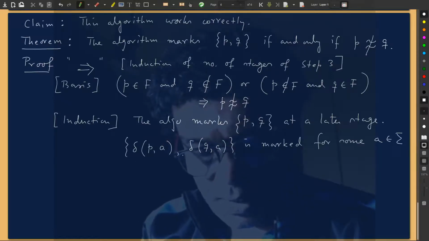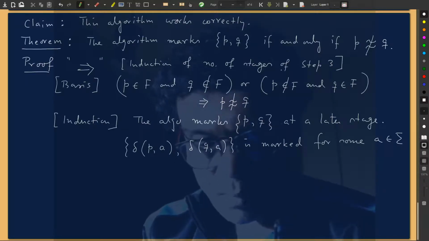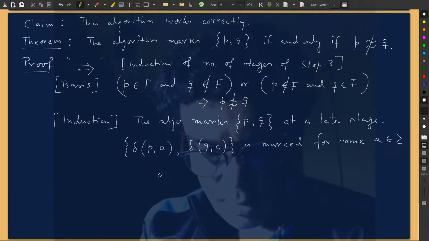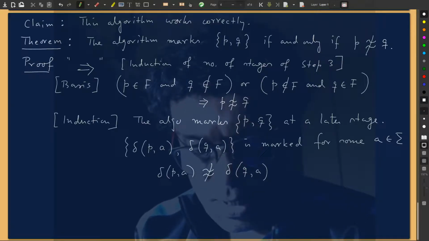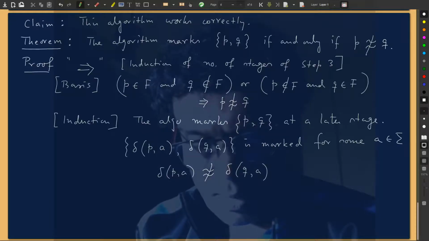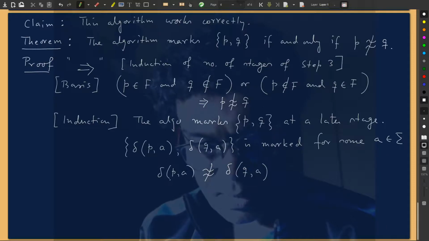So by induction on the number of stages, it follows that this is not equivalent. But if P and Q are equivalent, and then if I apply A, we have proved in the last class that then delta PA and delta QA are also equivalent.